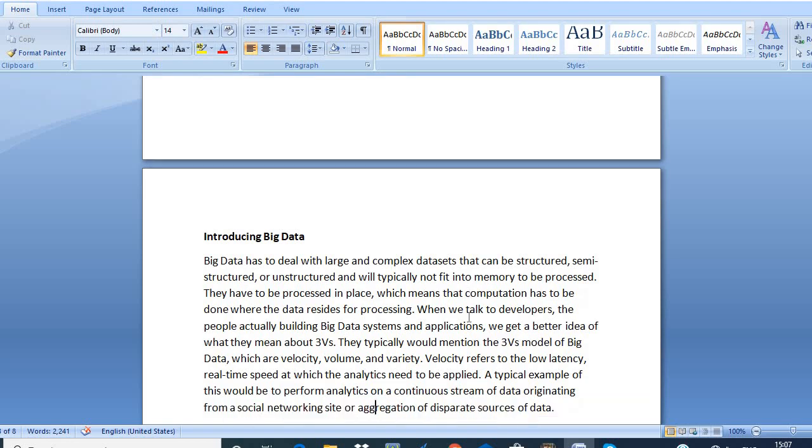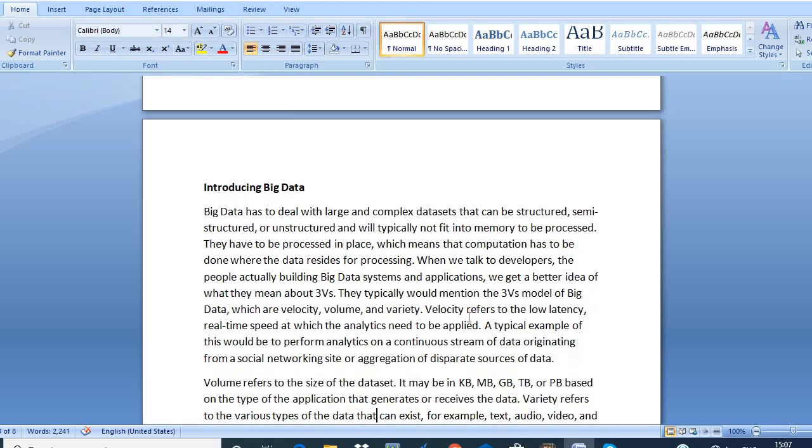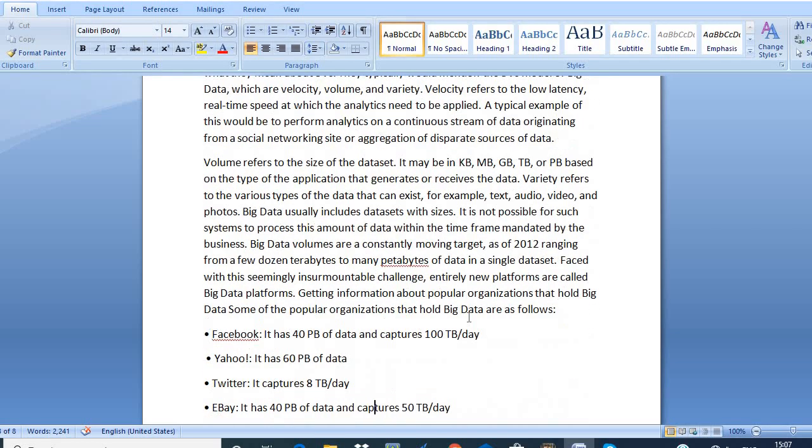The 3 V's mean velocity, volume and variety. Volume refers to the size of the data. Variety means there are various types of data. And velocity means the speed at which the data is processed.